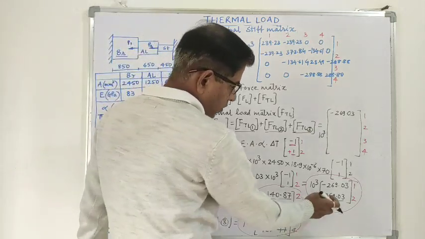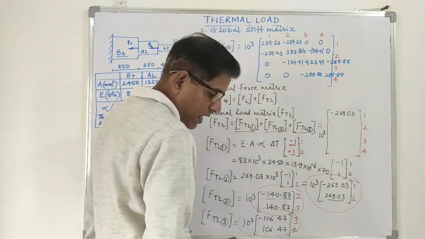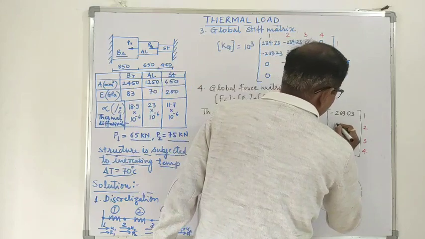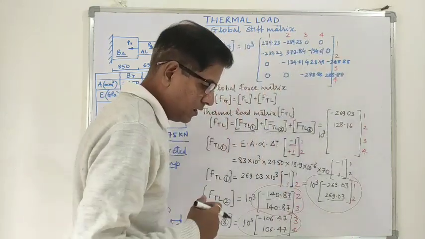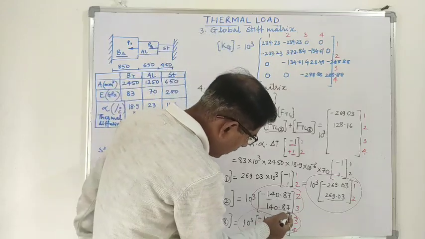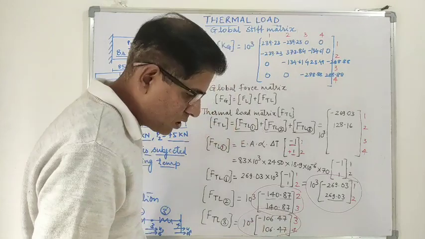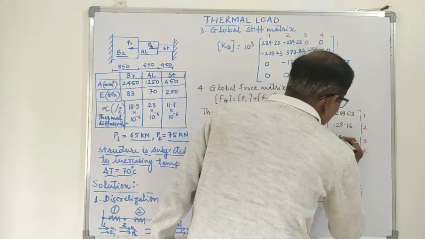So plus minus. If you do the calculation, it will be 128.16. Similarly, at node number 3 there are two values, plus 140.87 minus 106.47. The answer is 34.4.